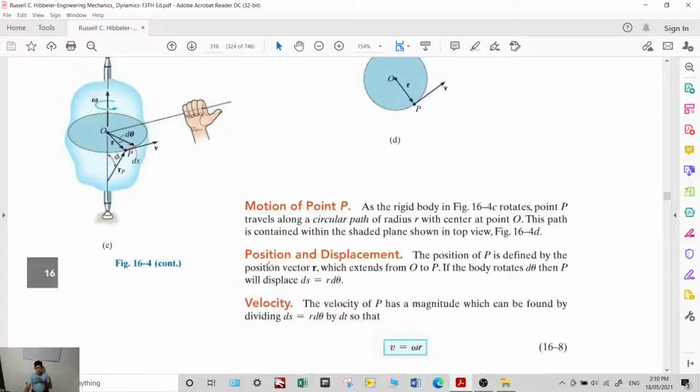Okay, so if we have a point P in a rigid body, what is the position and displacement? The position is denoted by vector r and the displacement is denoted by ds, no? Arc length ds is equal to r d theta.